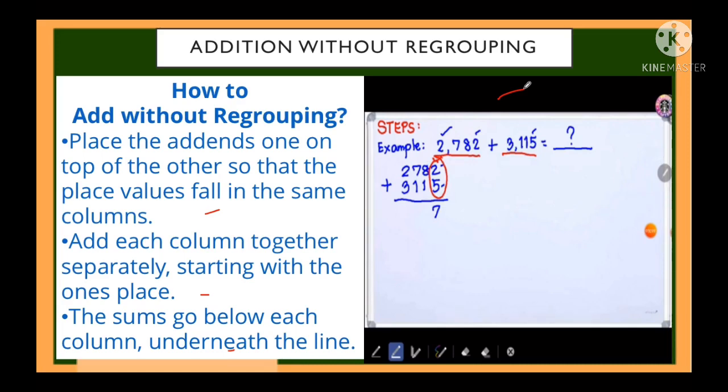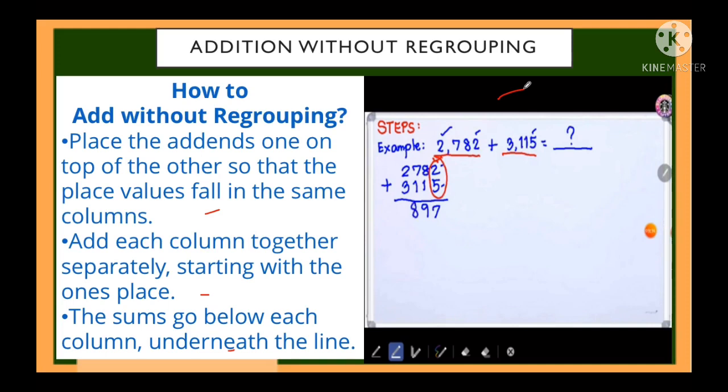Good job. Of course, after the tens place, we will now move on to the hundreds place. In hundreds place, we have 7 and 1. So what will be their sum? 7 plus 1 is 8. Very good. So then we'll just put here 8.